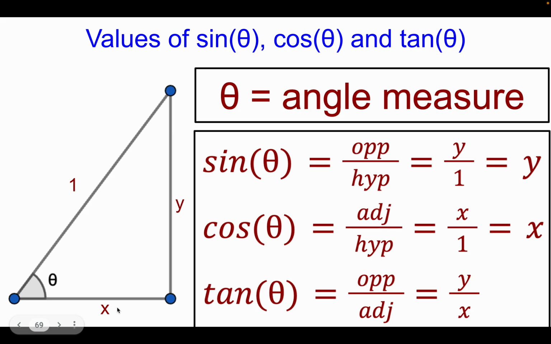This doesn't really simplify, so we'll just say that the tangent of theta equals y over x. Okay, so then we're going to use these values as well as our unit circle to determine the values of different trigonometric expressions.